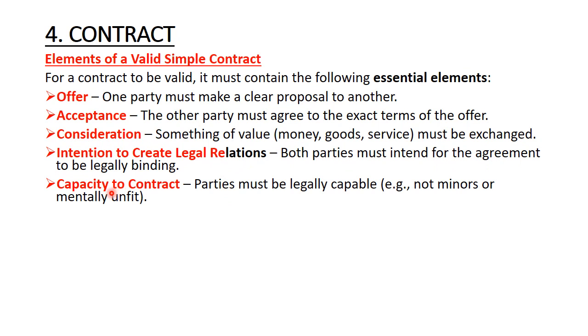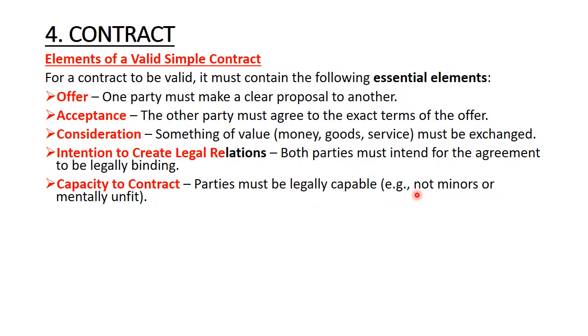Also, capacity to contract. The parties must be legally capable, meaning they should not be minors, they shouldn't be young ones. They should be people in a legal capacity to accept or to give the offer. Someone under 18 years might not be able to sign contracts.